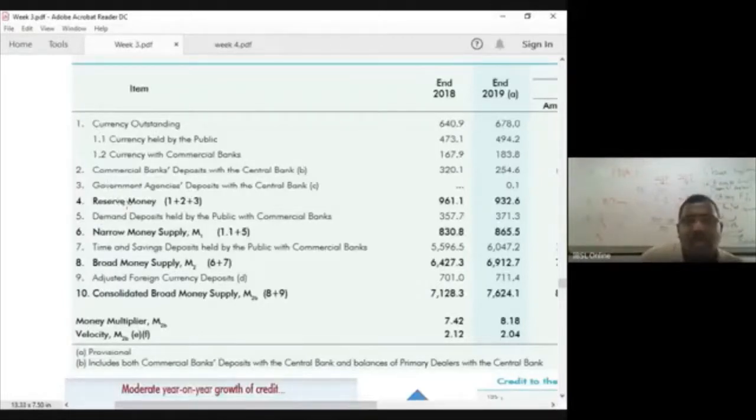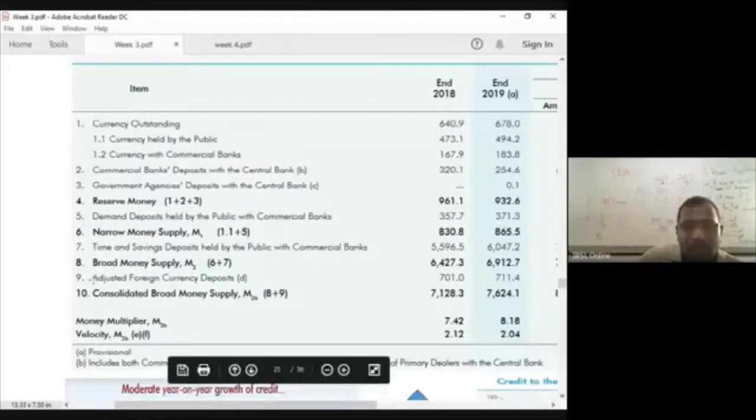And if you take demand deposits with that currency held by the public, that will give you narrow money supply. Remember, I showed you on the board. Then if you add up time and savings deposits to that, you will get broad money supply.